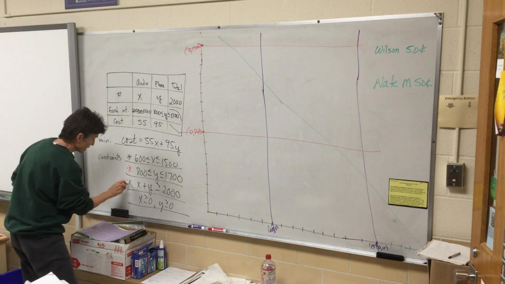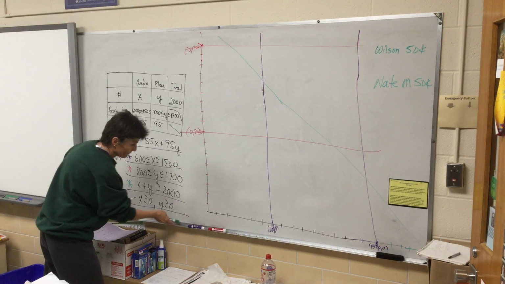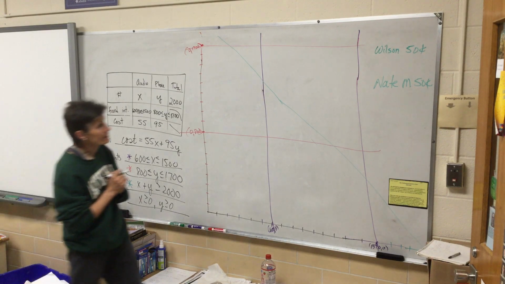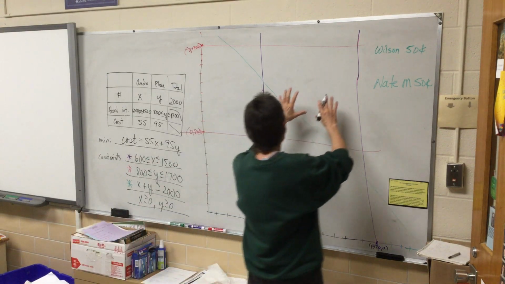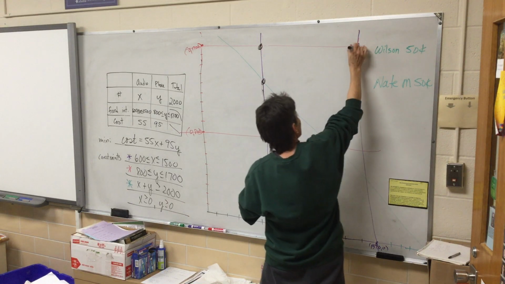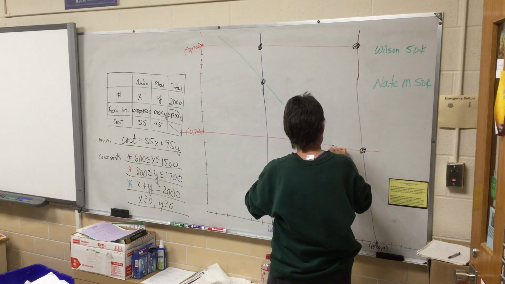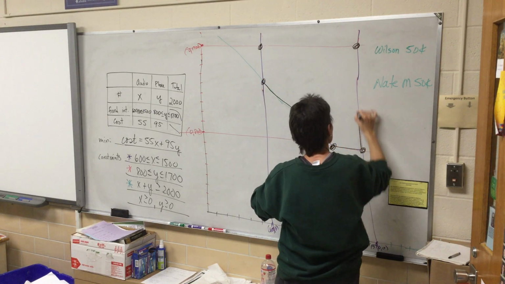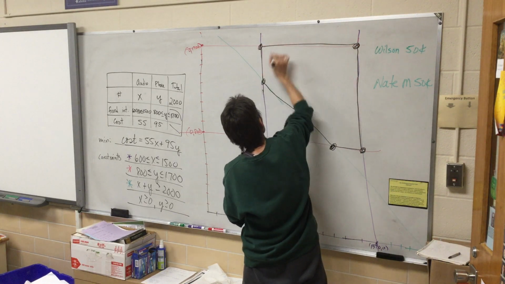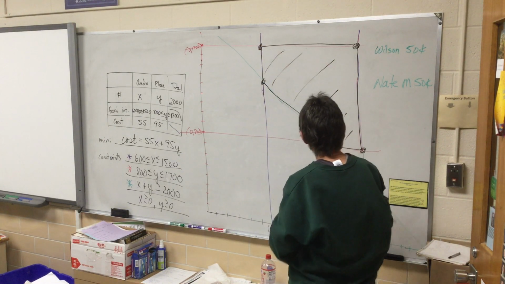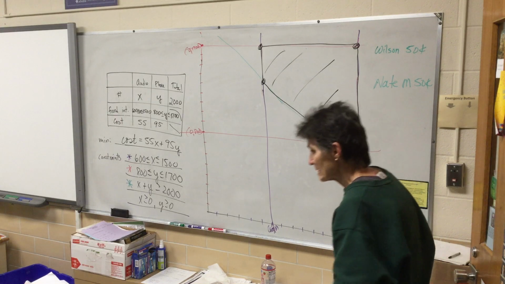Where is that going to get shaded? Up the line. Okay, so if I am inside the box and above the line, don't I have this right here? Does that make sense to everybody?